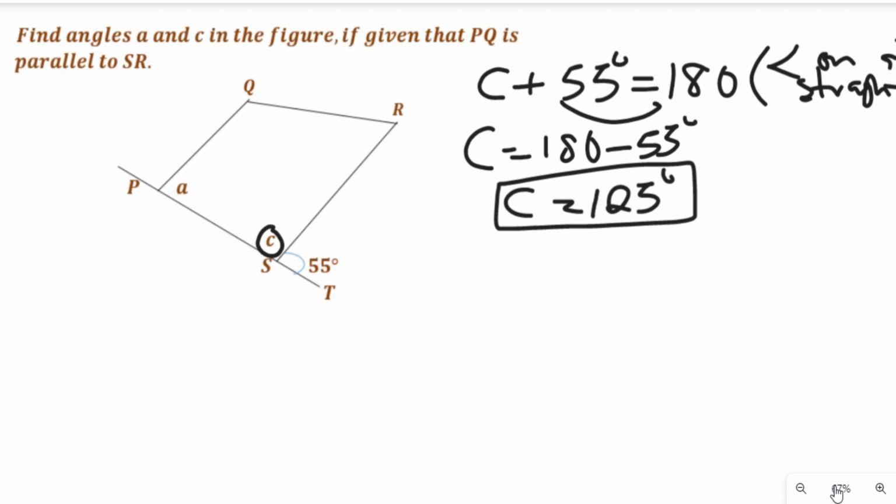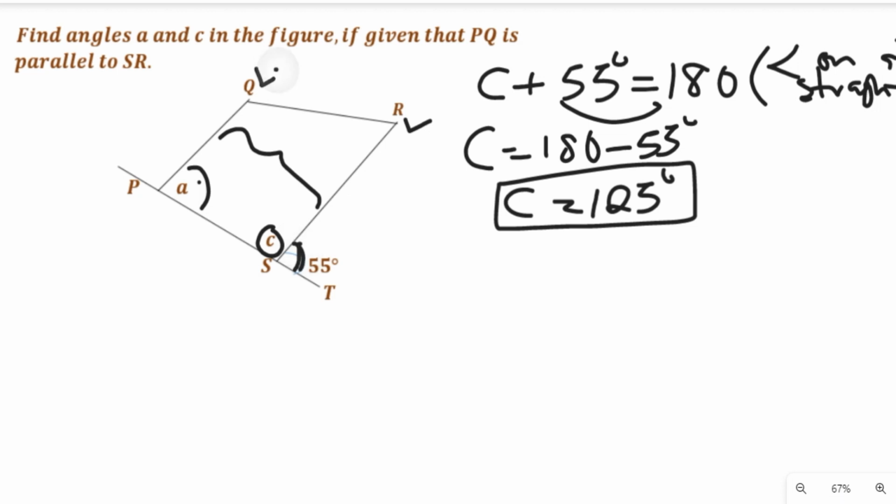Now I'm going to show you two proper methods you can use in finding the angle A, and these are two principles found in geometry. The first one we are going to look at is corresponding angles. When you think of corresponding angles, I always tell my students to remember that corresponding angles are angles in the same position, but they are on different lines.